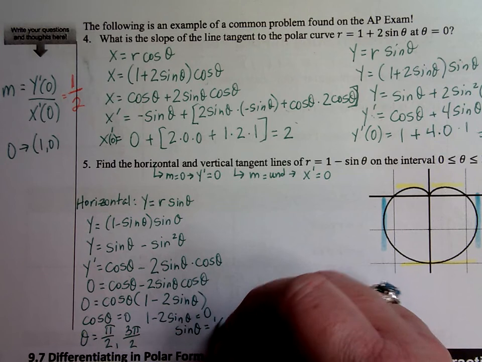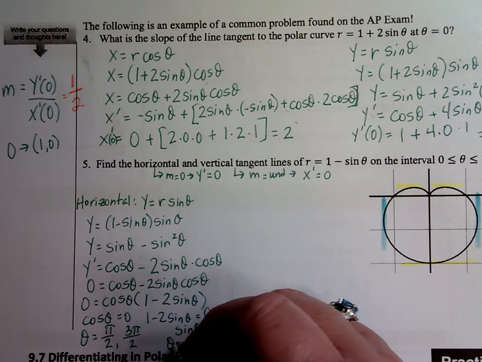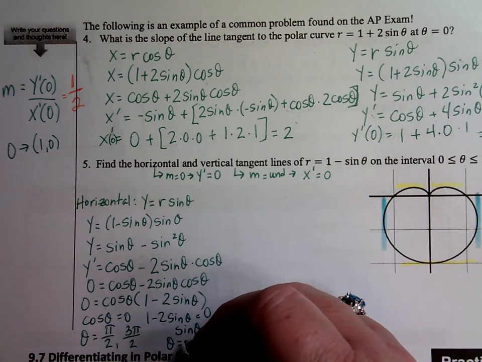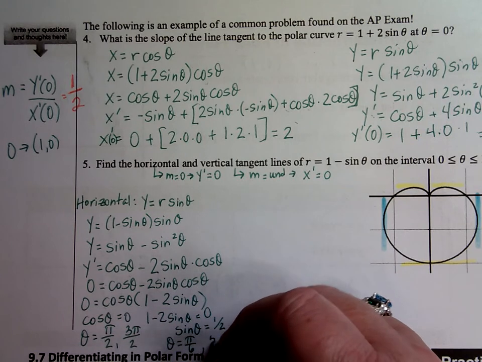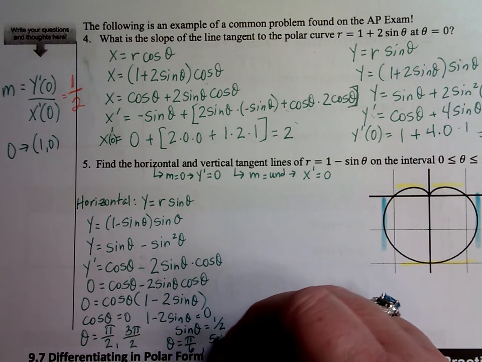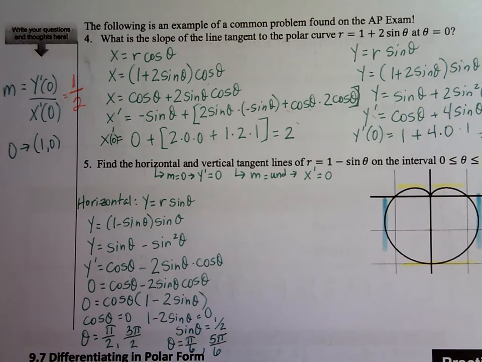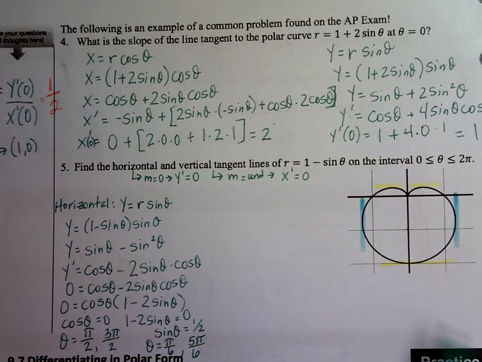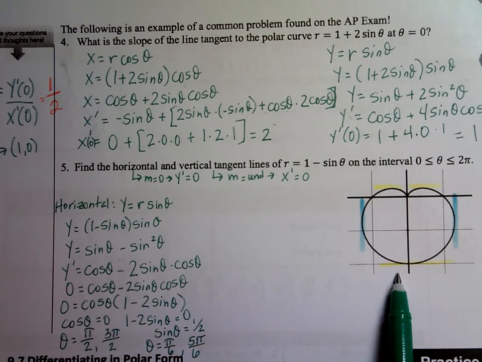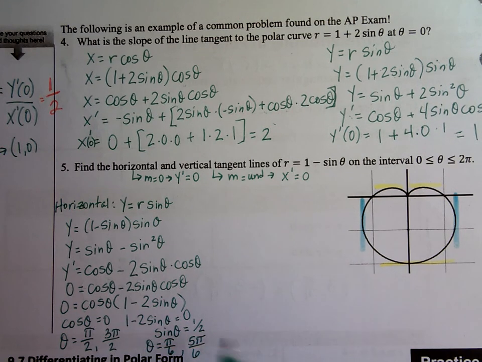So you go to your circle again and you get pi over 6 and 5 pi over 6, when the y value is 1/2. And you say, wait a minute, I have 3 horizontal tangent lines and I have 4 answers.